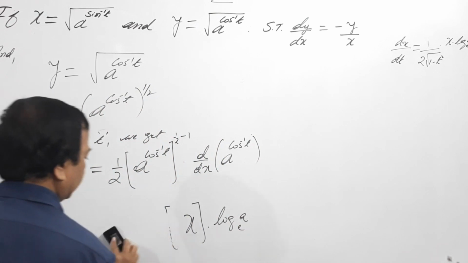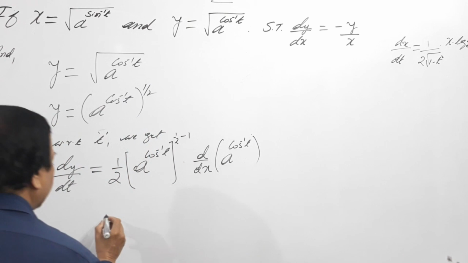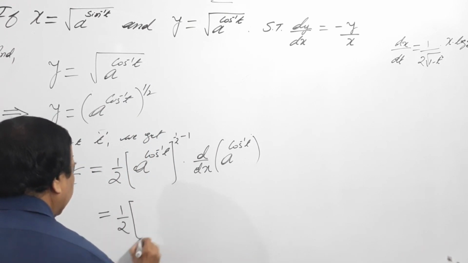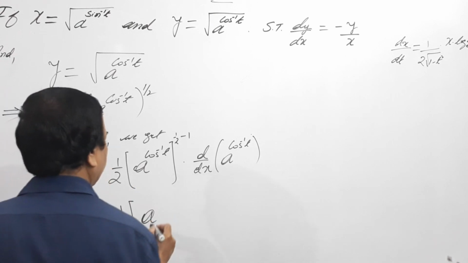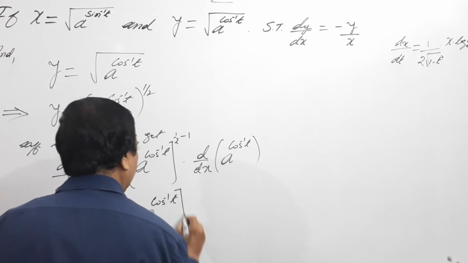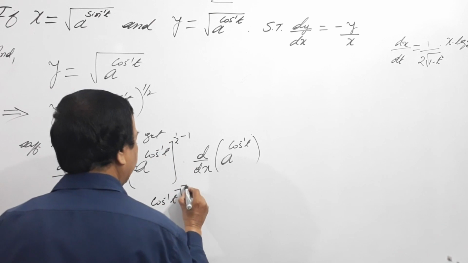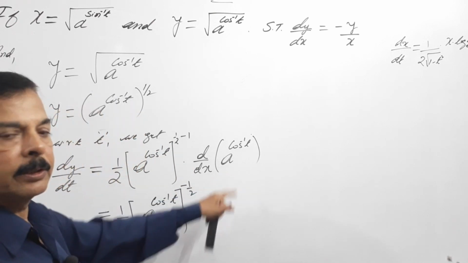I'll rub this. So what happens to this? This equals to half into a to the power of cos inverse t. This becomes half minus 1, so this becomes minus half. And what about this?